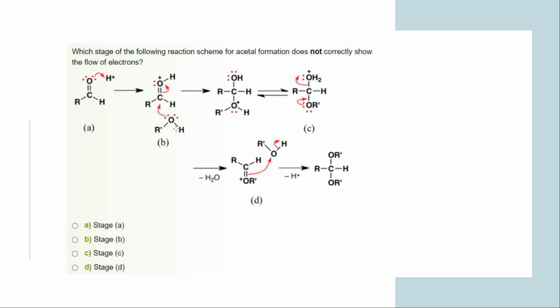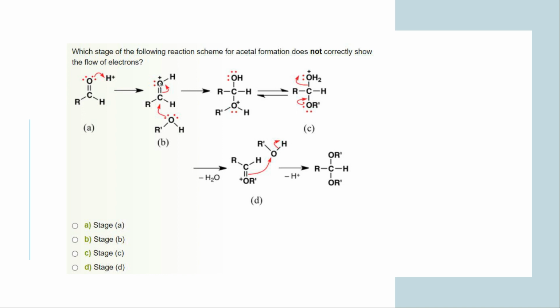Yes, the lone pair of the oxygen of the alcohol is undergoing nucleophilic addition to this electron deficient carbon, and the arrow pushing will neutralize the positively charged oxonium. So yes, this step is also correctly shown. Electron flow is being shown from electron rich species to electron deficient species. Step B is also correct.